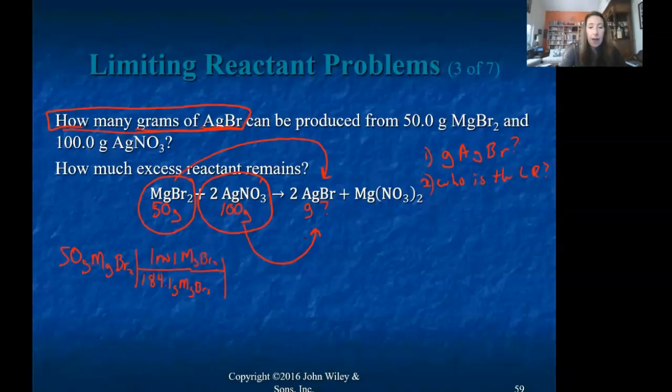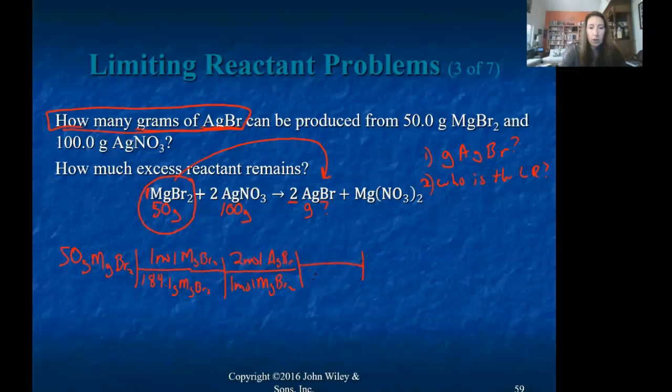Okay, so now that we're at moles, now we can use our balanced chemical equation and convert from MgBr2. So 1 mole of MgBr2 to 2 moles of AgBr.